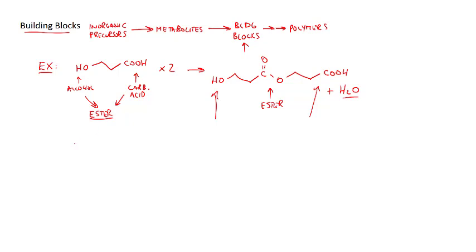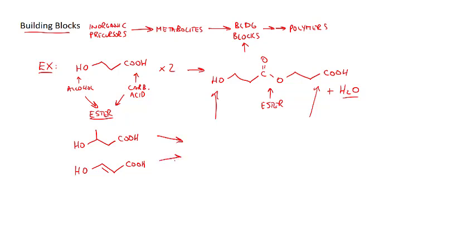We could introduce some structural diversity by having different versions of this molecule. So for example, we could have one with a methyl branch on there, and we could have, I don't know, one with a double bond, say.